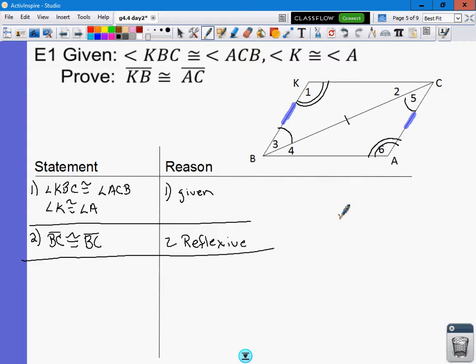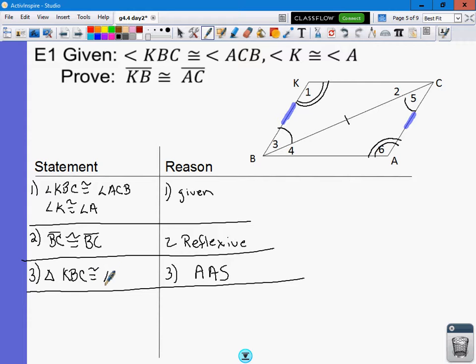Is there enough information now to state that the two triangles are congruent? By what reason? It would be by angle, angle, side. Again, the order of this first triangle really doesn't matter. I'm going to go KBC.